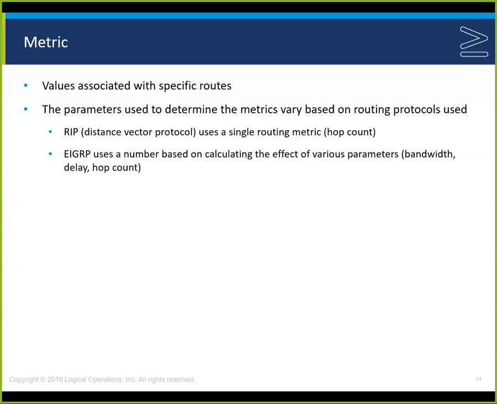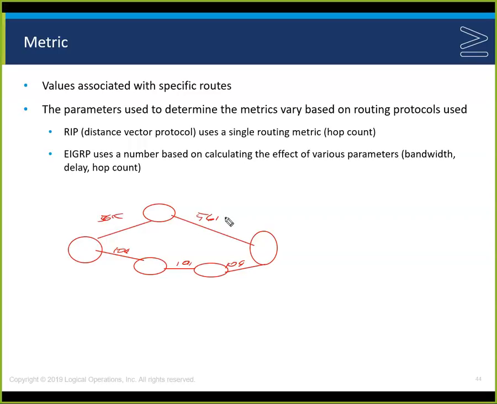That's not really a great one, because if we had some routers here, and we connect them together, and these links are 10 gig, 10 gig, 10 gig, and these are 56K, 56K, since RIP uses hop count, it's going to cleverly go this direction.